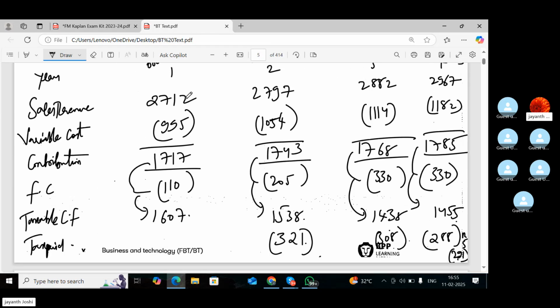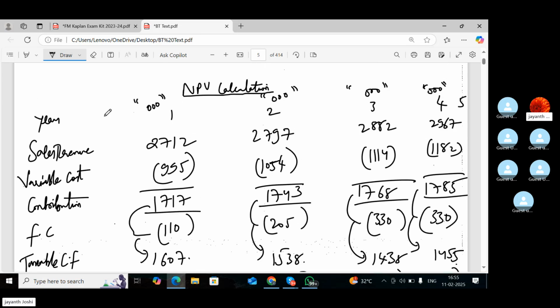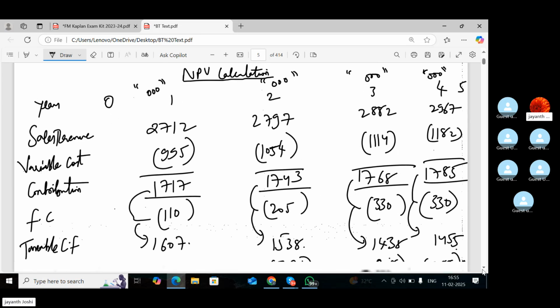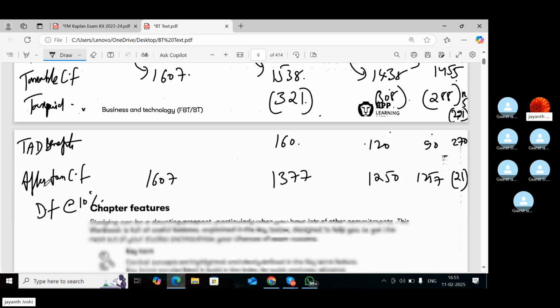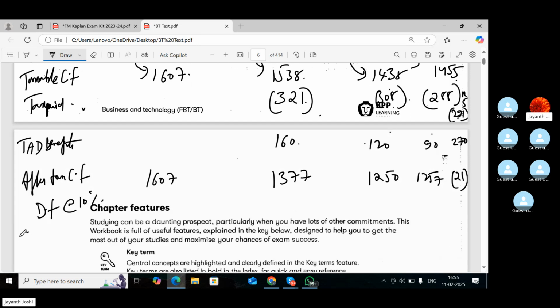Basically, we have to put 0 also here. We have not done that. 0 in the sense it will come here. Initial investment we have to write, that is 3200. Okay, I'll write it here, 3200.